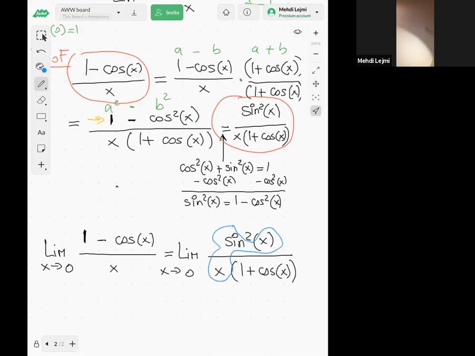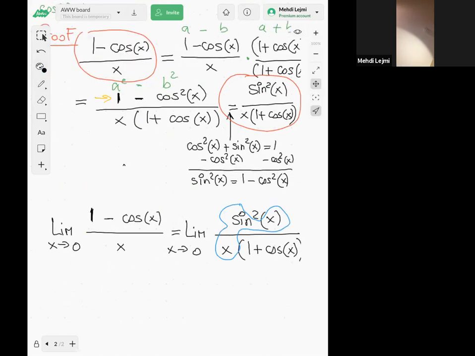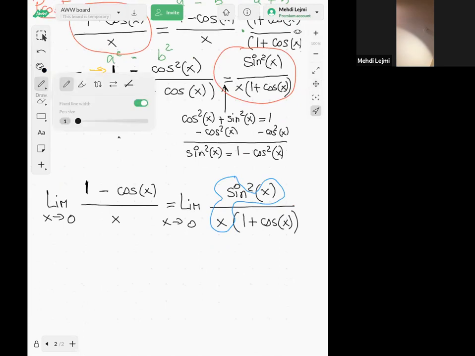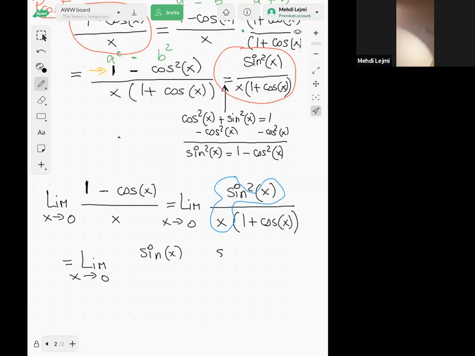So let's use it to compute the limit. We have the limit, x going to 0. Sine squared of x, I can write as sine of x times sine of x, that's my sine squared in the top. In the bottom, I have x and 1 plus cosine of x, which is a multiplication.